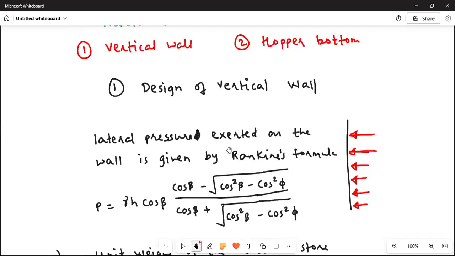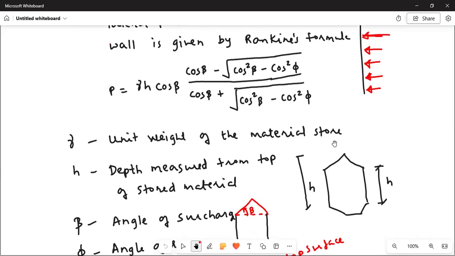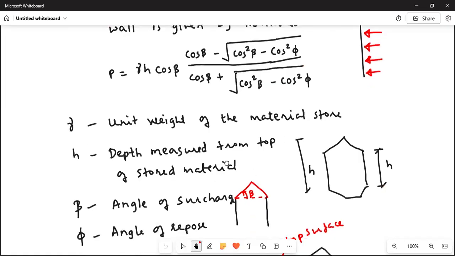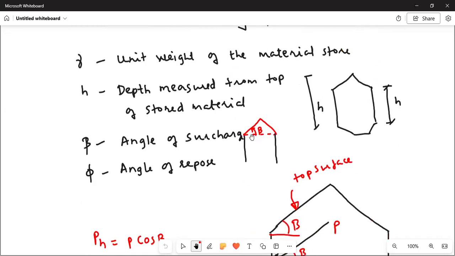So the lateral pressure exerted on the wall is given by Rankine's formula. This is Rankine's formula, gamma h cos beta, and this is what is given by the Rankine formula, where gamma is the unit weight of the material stored, h is the depth measured from the top of the stored material, beta is the angle of surcharge, and phi is the angle of repose. This is the angle of surcharge. If you provide more material, it tops up like this.